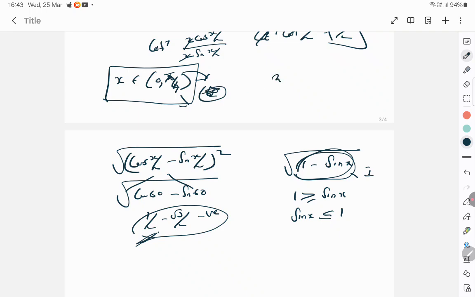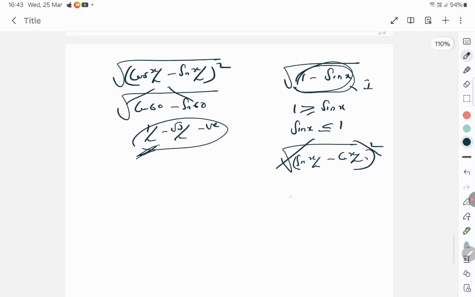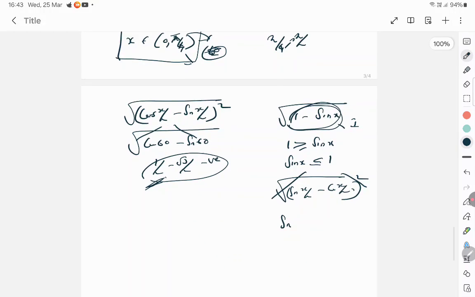If it is pi by 4 to pi by 2, then you will write 1 minus sin x as sin x by 2 minus cos x by 2 the whole square. Think of this, root and square get cancelled. Supposing some example, sin 60 minus cos 60. Sin 60 is root 3 by 2. Cos 60 is 1 by 2.